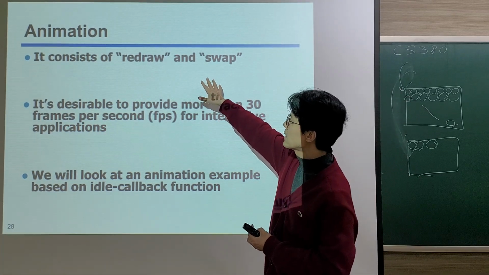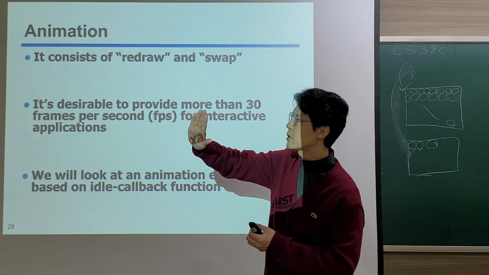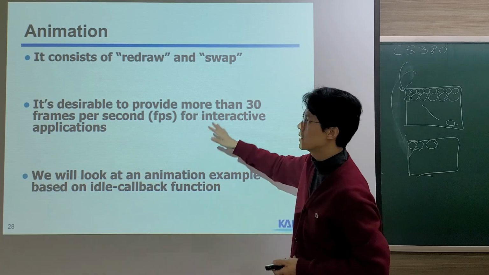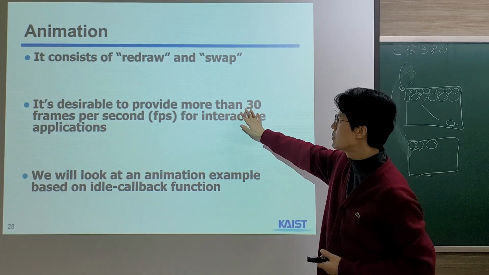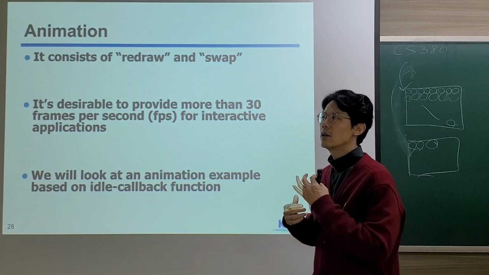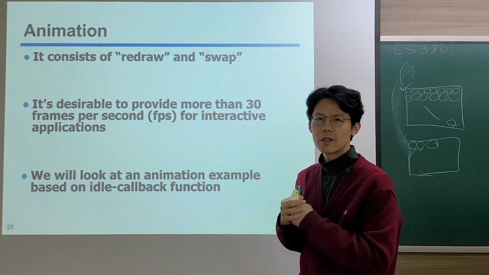Basically the animation is nothing but we just draw something and then we swap the buffer, and then we draw again and swap buffer and so on. Typically it is desired to provide more than 30 frames per second, FPS, for interactive applications. I know some of you may use a very high frame rate with a very good monitor.